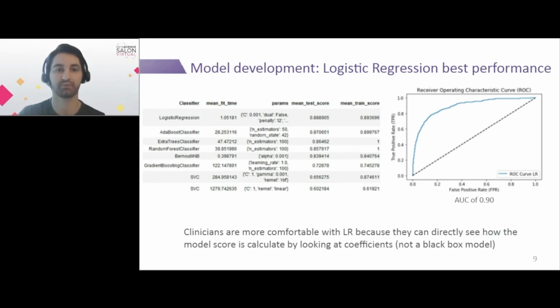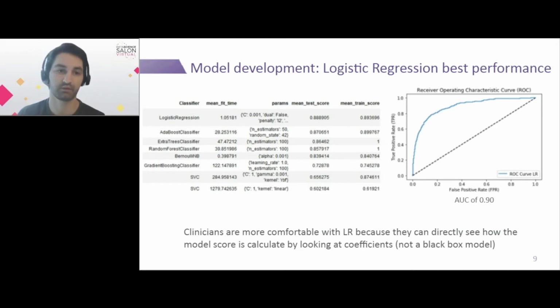This next slide shows how those different machine learning algorithms performed. And you can see that logistic regression actually had the best performance. It had an AUC of 0.9, which is pretty good compared to some other modeling I've done with healthcare data, and just a quick literature review. I think that's fairly good for predicting hospital admissions.